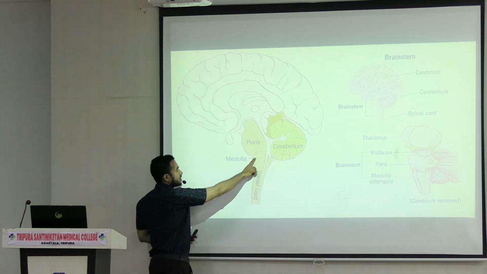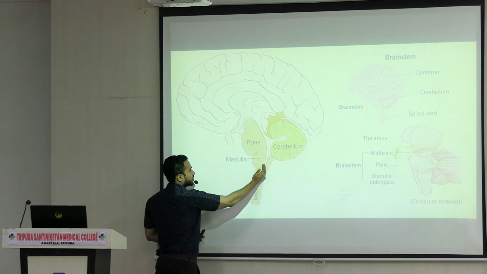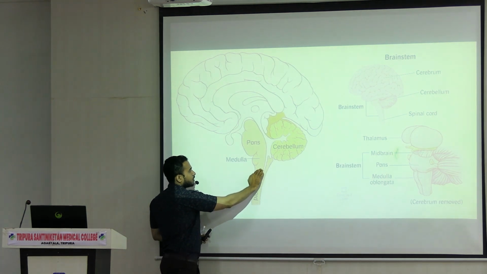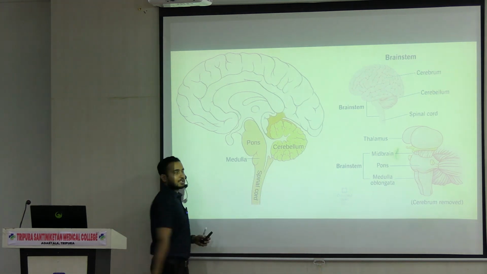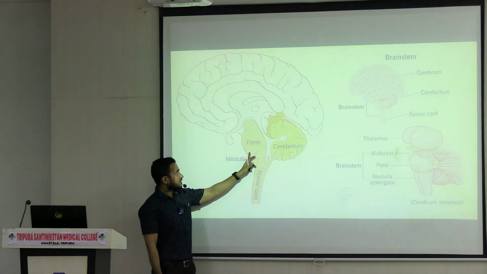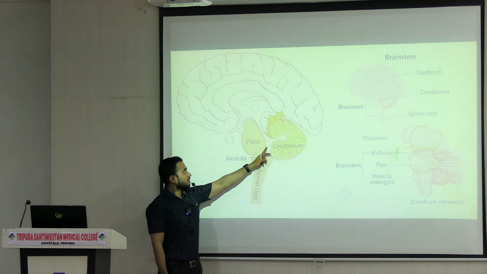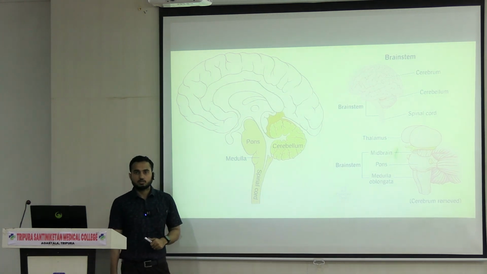While studying the medulla, we discussed the anterior aspect. On the posterior aspect, in the lower part the central canal is present, but in the upper part the cavity of the fourth ventricle is there. So the posterior aspect of the pons will be forming the upper part of the floor of the fourth ventricle.